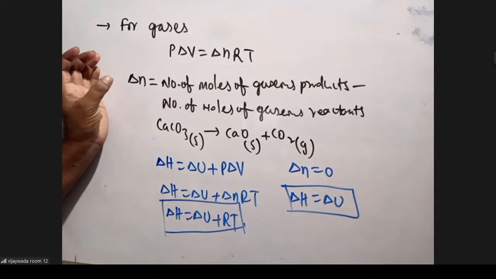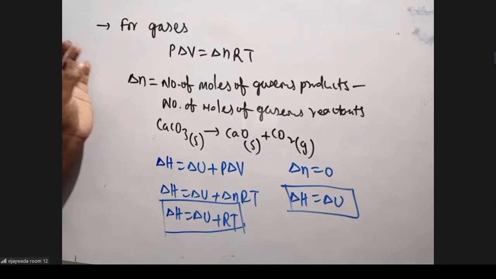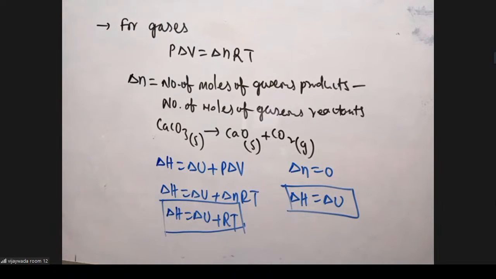Here delta N, change in number of moles of gases products minus number of moles of gases reactants. According to PV equal to nRT, from ideal gas equation, it converted into P delta V equal to delta nRT. So change in volume we can expect from change in number of moles.